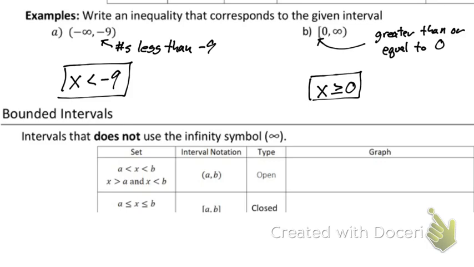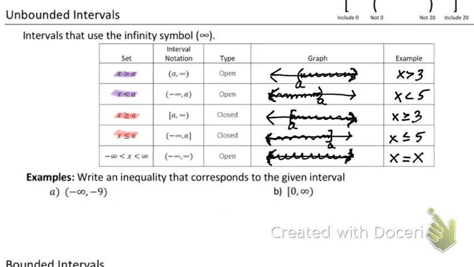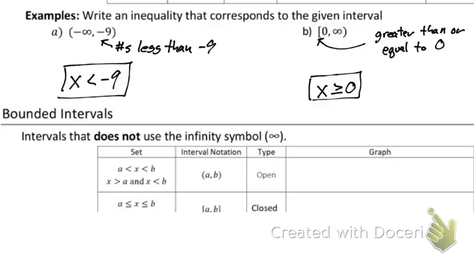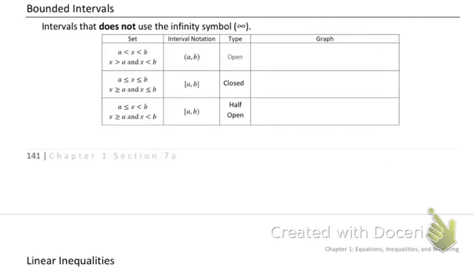All right, the next thing we're going to talk about: if I have unbounded intervals, including infinity, we also have bounded intervals that do not include the symbol infinity. We have a starting and an end value. So our first one is a is less than x is less than b, which is just saying x has to be bigger than a and x has to be less than b.